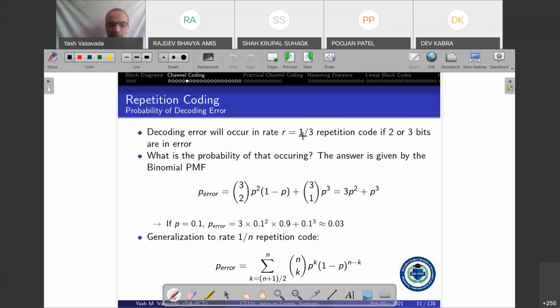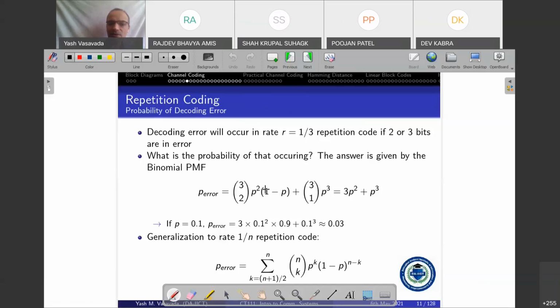In that majority voting, the answer comes out wrong if either 2 bits are in error or all 3 bits are in error. 2 bits can be in error when you're transmitting 3 bits in 3 choose 2 ways. The probability of each sequence is p squared times 1 minus p. So there are 3 ways that you can have 2 bits in error, and the probability of that is 3 times p squared times 1 minus p.